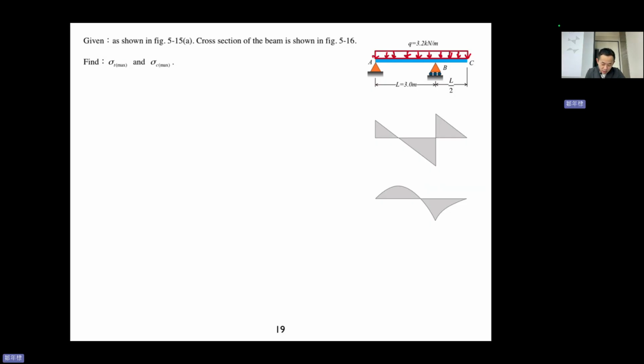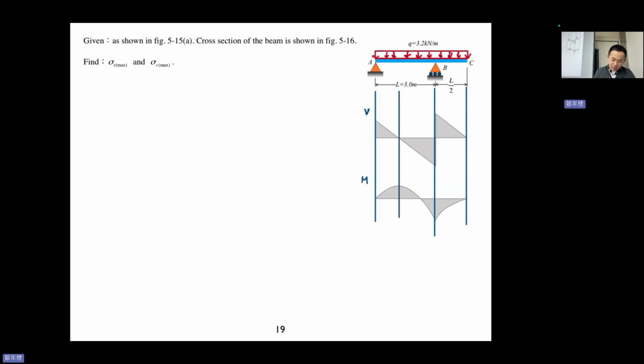And we need to draw the shear moment diagram. I will skip this part because I have taught it in chapter 4. So this is V, and this is M.